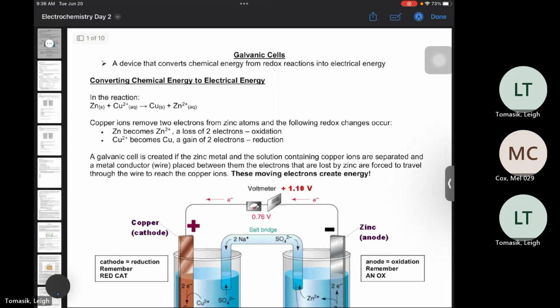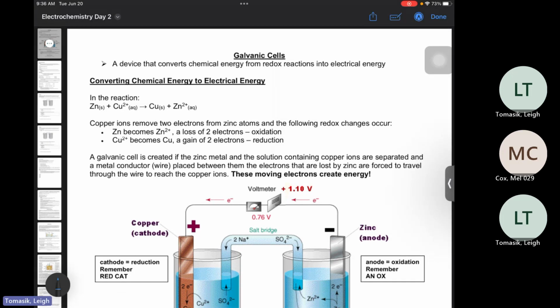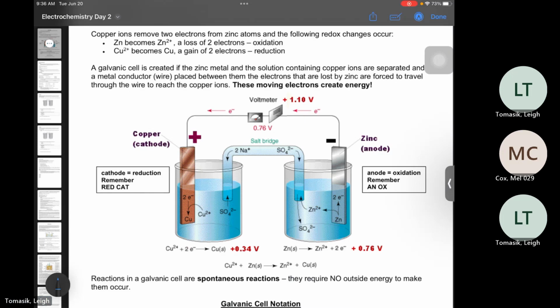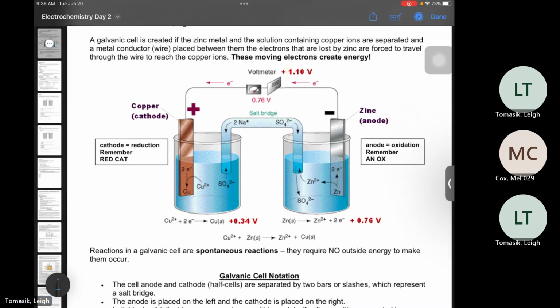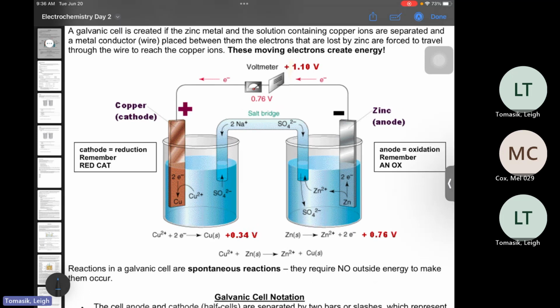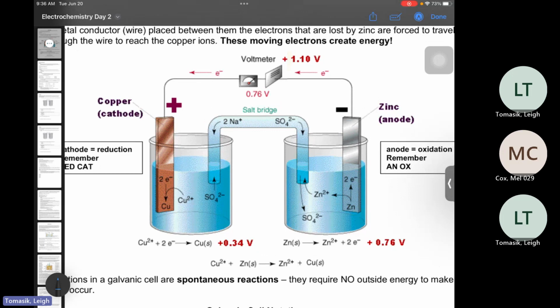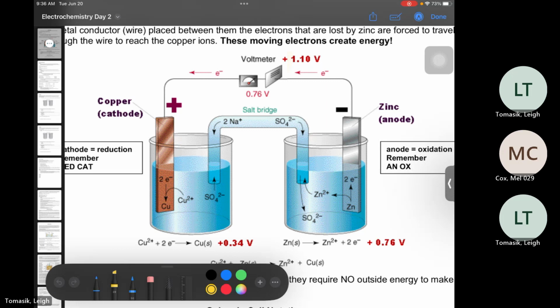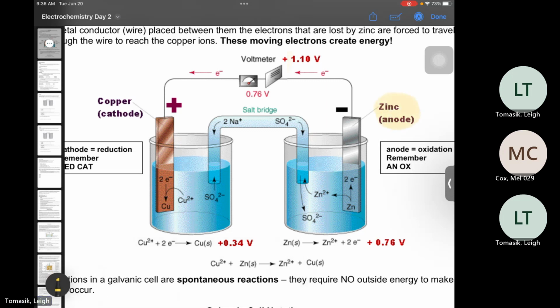Okay. So, in this picture, I have a picture of what a battery sort of looks like inside, or how you could make a battery in a chemistry lab anyway. We have a piece of zinc metal on this side right here, and we have a piece of copper metal.